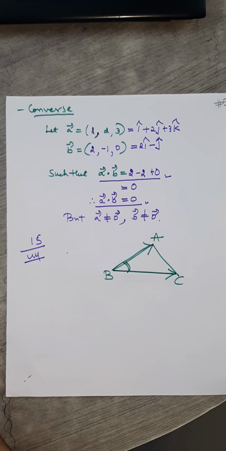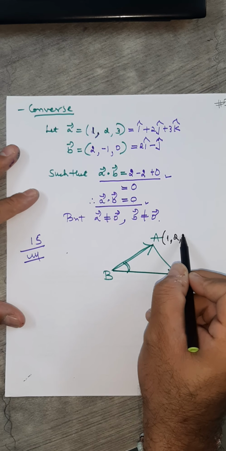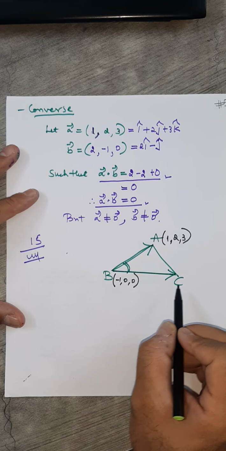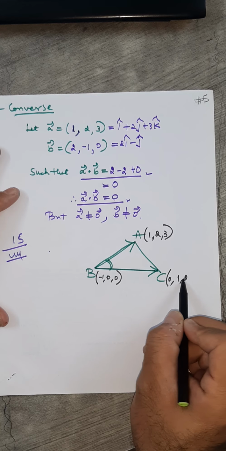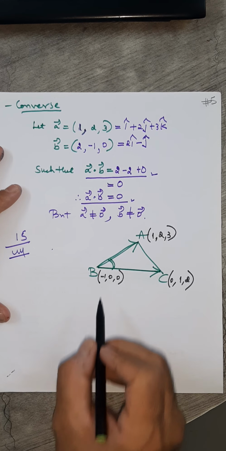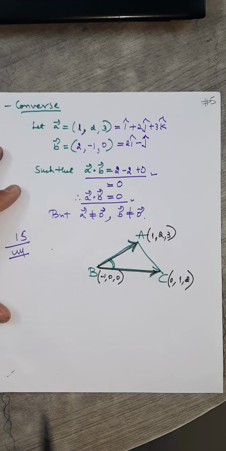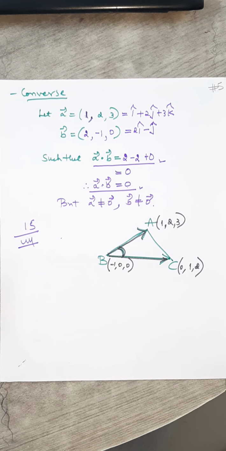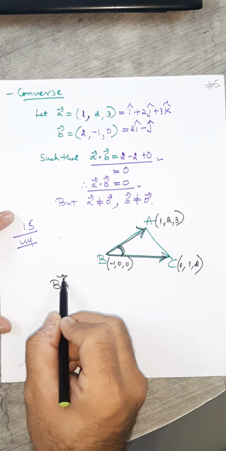Fine? Okay. Now what are the position vectors here? This is given to you 1, 2, 3. This is given to you minus 1, 0, 0. And what about C? That is 0, 1, 2. This is given to you. Okay. I want vector BC and vector BA, remember. So here one is vector BA.